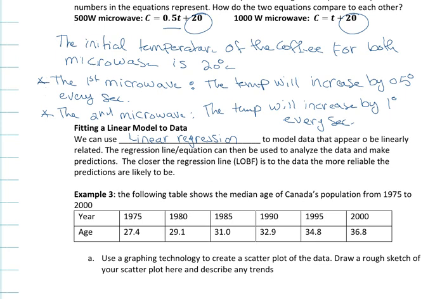So, here's what's going to happen. Let's say you have different points, and you're going to graph these points on Excel, right? You're going to make Excel draw a line that best represents these data. Okay?